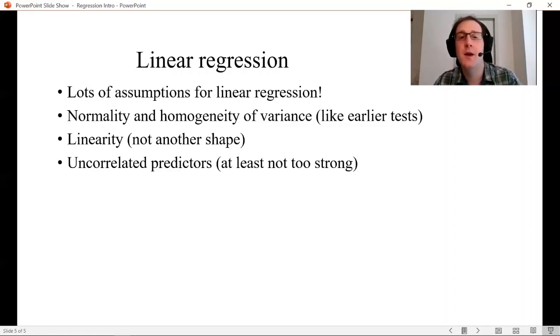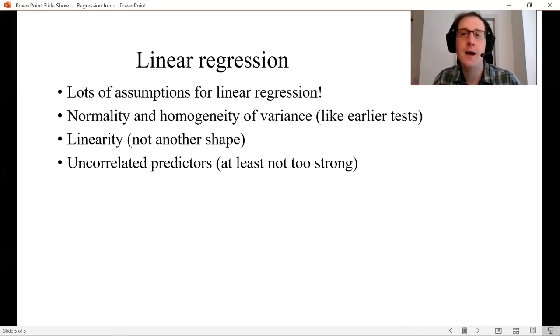You also are making the assumption that the predictors, if you have more than one predictor, more than one independent variable, are uncorrelated. It doesn't literally need to be a correlation of 0, but if the correlation between two or more independent variables gets to be really strong, basically the output of the regression isn't going to make any sense.